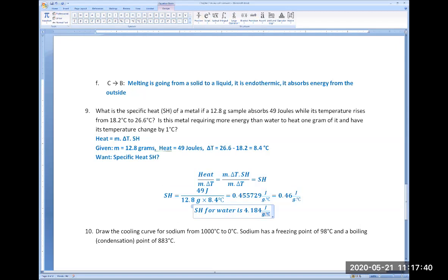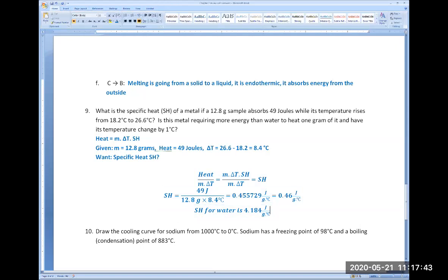Okay, so that's the specific heat for water. And here we have the specific heat for the metal. So now we have those two specific heats with the same units, per gram and per degree in joules.